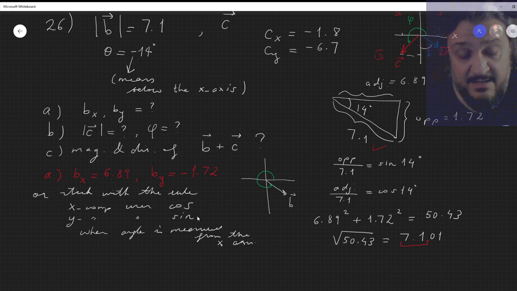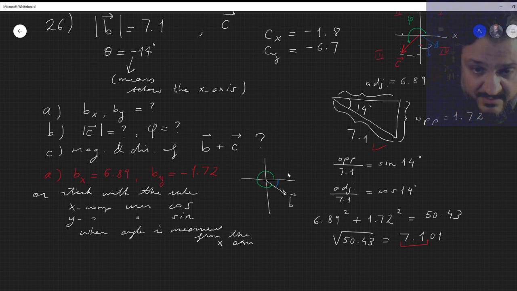Take the sine of that angle, multiply by the magnitude of B, and you'll find the y component. You can use that green large angle, or you can use this version, which is the one we're given, but keep that negative there. So this is actually negative 14 degrees.